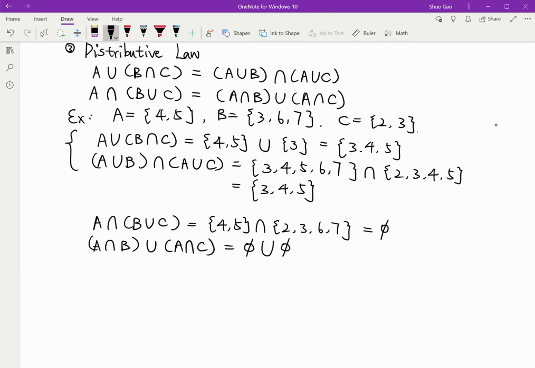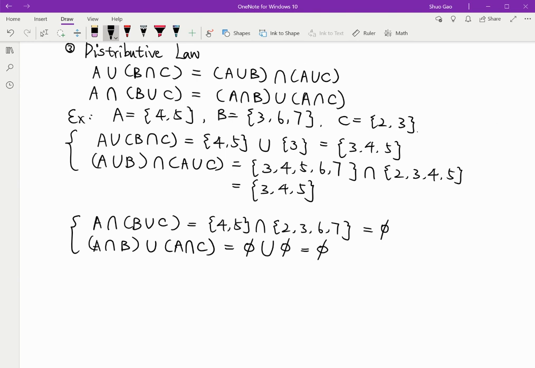Because 4, 5, and 2, 3 have no common elements. And an empty set union another empty set is still an empty set, right? Because all the elements here are empty, whether or not you union, it is still an empty set. So these two things are also equal to each other.